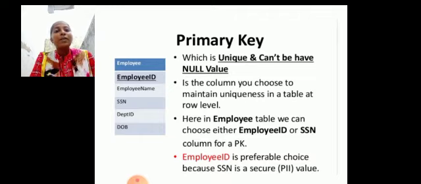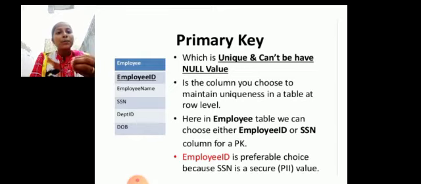So here primary key means what? A primary key means it is a unique key. Unique means what? It is different from all the other keys. Here one example is there, that is employee table. In that employee table we are having the employee ID, employee name, SSN, department ID and date of birth.